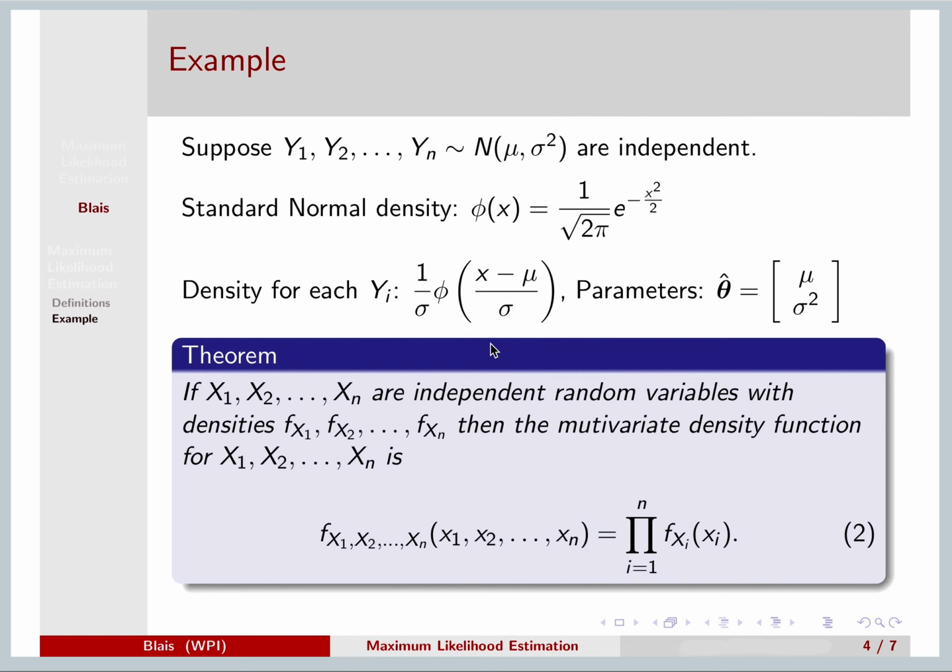And now we're talking about dealing with one distribution, the normal, with two parameters, mu and sigma squared. Those are the parameters that form the elements of our theta vector.